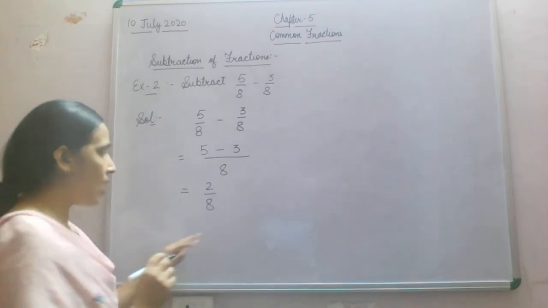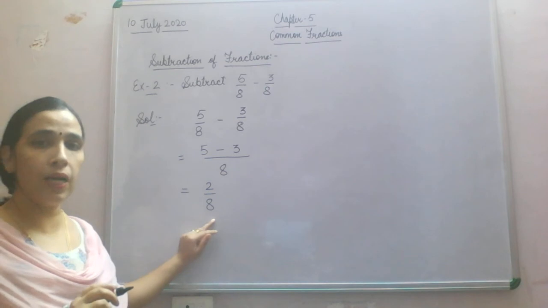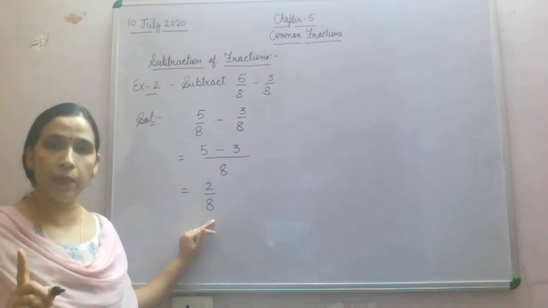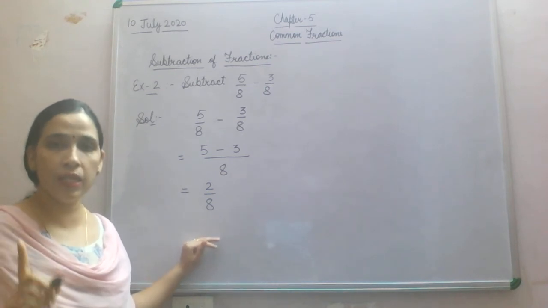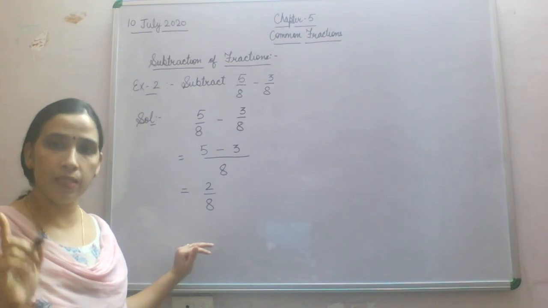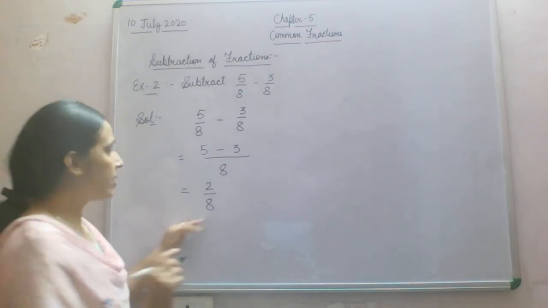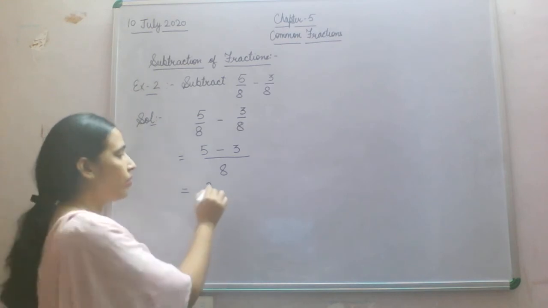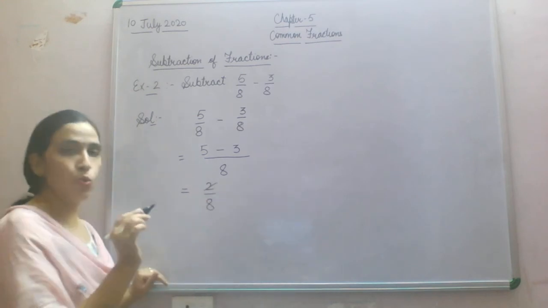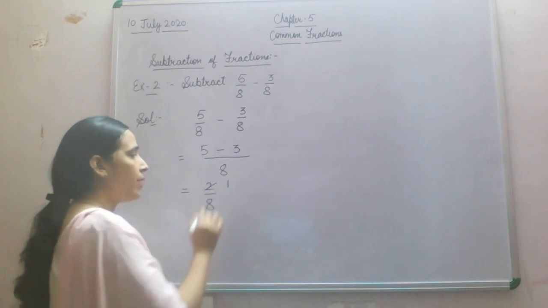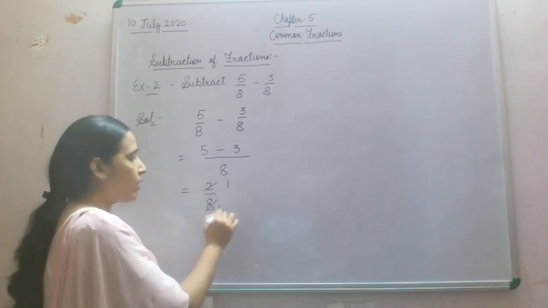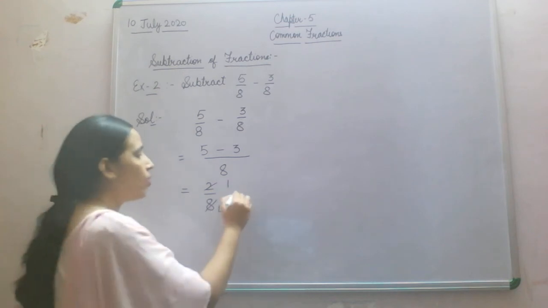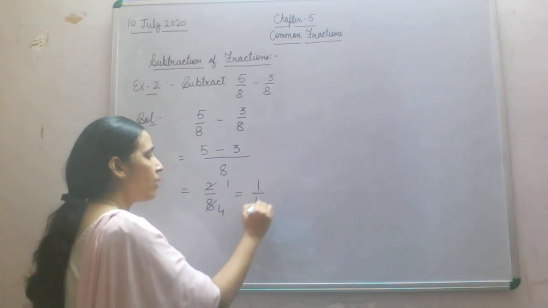Now children, after getting this 2 by 8, we are going to perform one more step, which is reducing it into its lowest term. Here you can see both numbers come in the table of 2. So we will divide by 2. 2 1s are 2 and 2 4s are 8. Now what will we get? We will get 1 by 4.